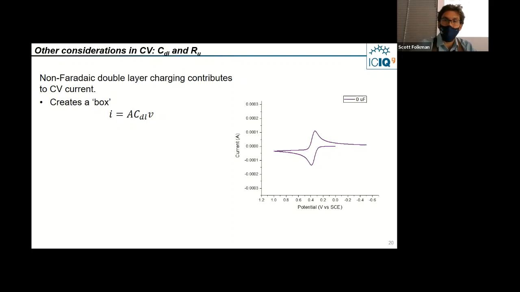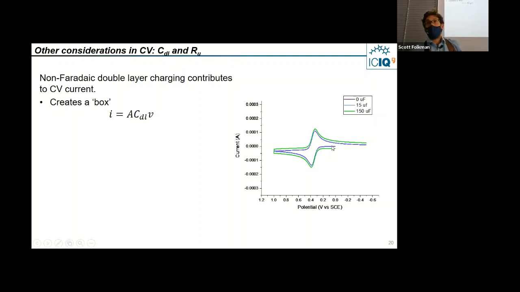And so this is an example where there is no capacitance. And this is an example where there's very small capacitance, 15 microfarads. You hardly see anything. Okay, we get to 150 microfarads. Now we're starting to see something here. You see this background current that occurs here even prior to the addition of the wave.